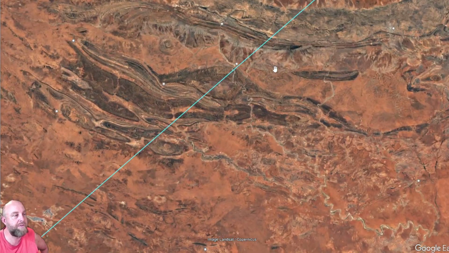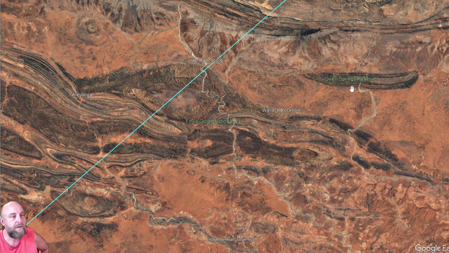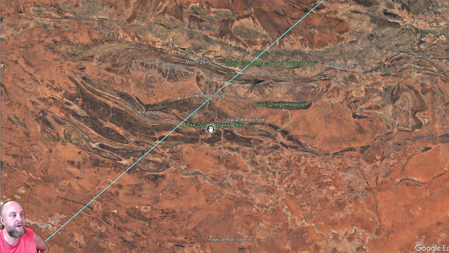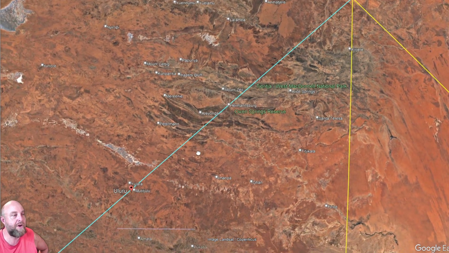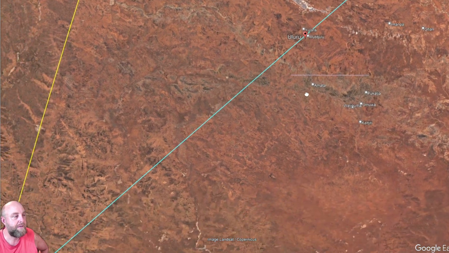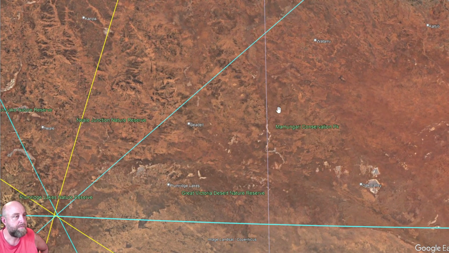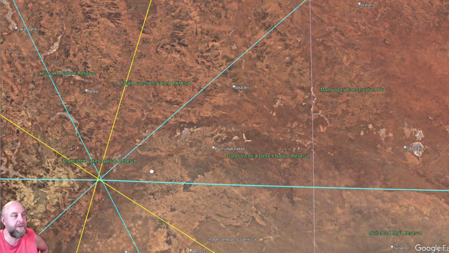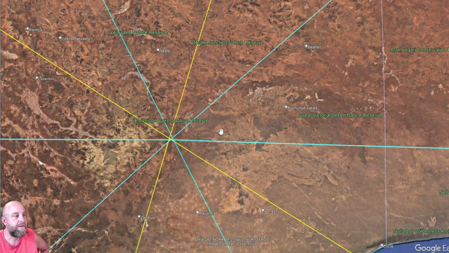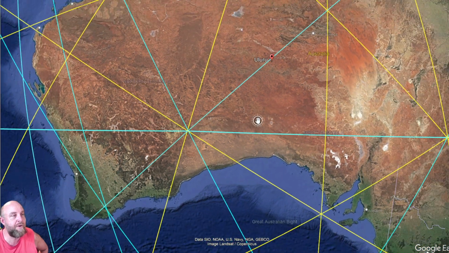Owen Springs, what was that? Owen Springs Reserve, Wallace Rockwell, Finke Gorge National Park. Yeah, so that whole area there, really into the ley line energy. It's kind of fitting that Plum Ridge Lakes Natural Reserve is the other gravity well line.